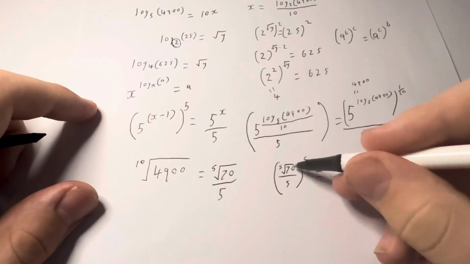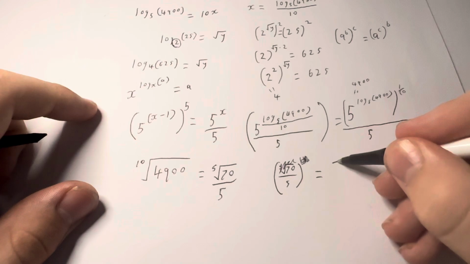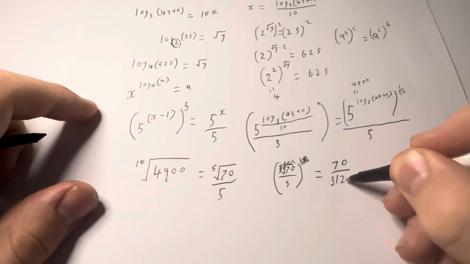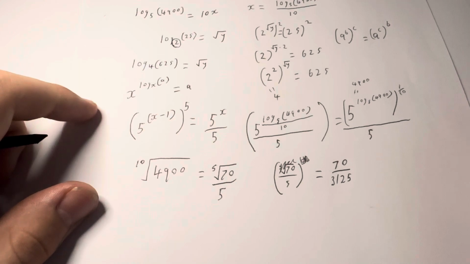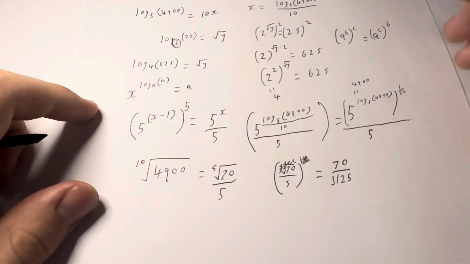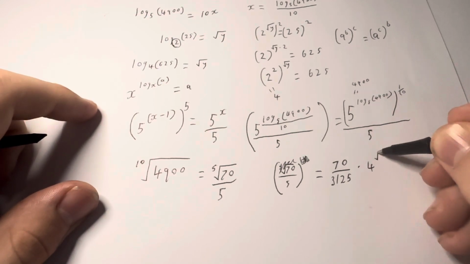So we know that this square root of 5 and 5 will cancel. So we get 70 divided by 5 to the 5th power, which is 3,125.